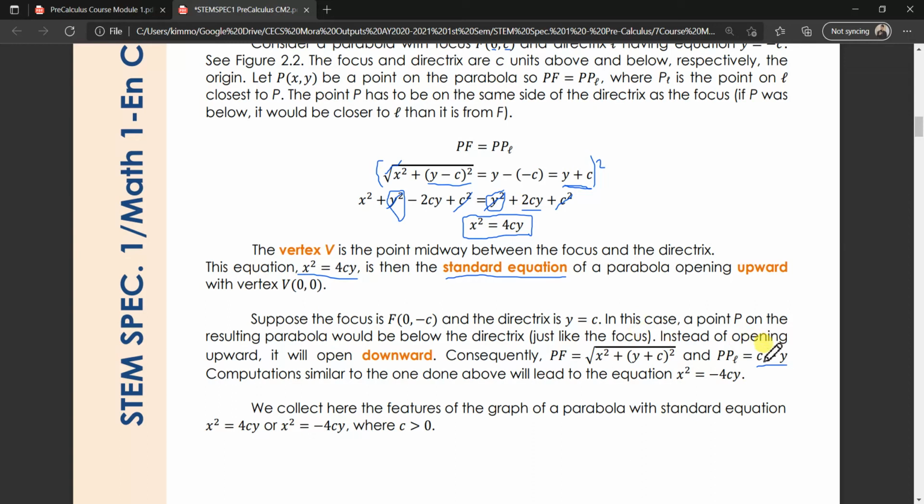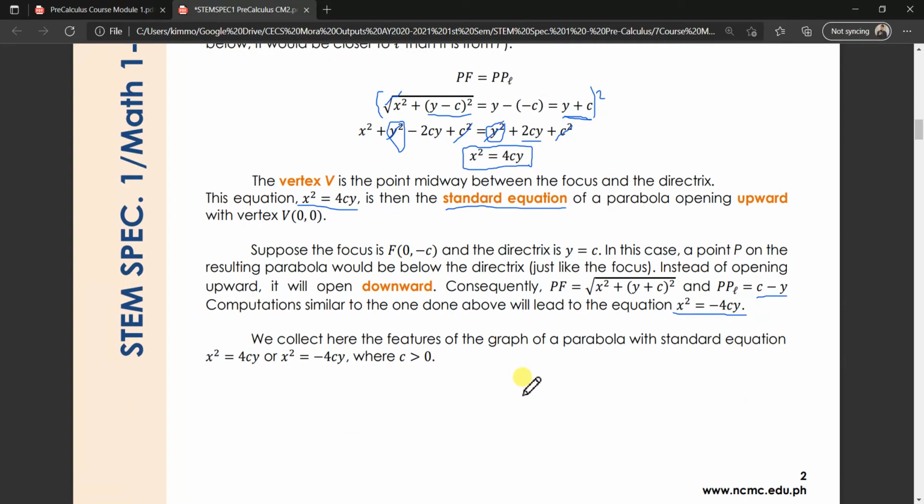So if you're going to equate both of these, atong makuha nga final answer is equal to x squared is equal to negative 4cy. So unsa kalainan? If it is opening upward, our 4c is positive, and if it is opening downward, then our 4c will be negative. Okay? So we collect here the features of the graph of a parabola with standard equation x squared is equal to 4cy, or x squared is equal to negative 4cy. So positive upward, negative downward.